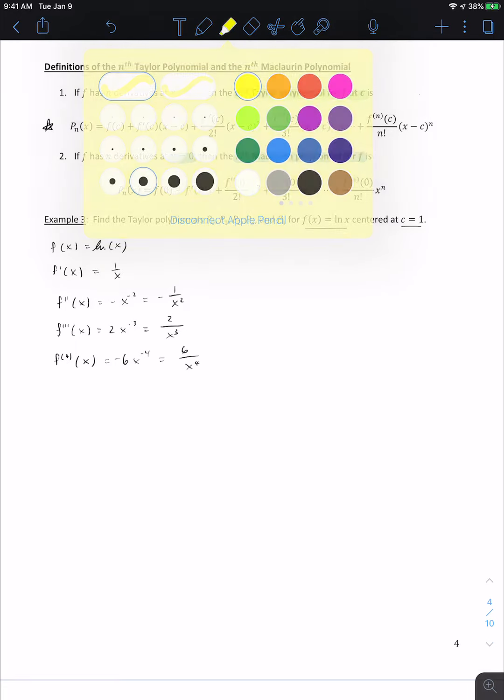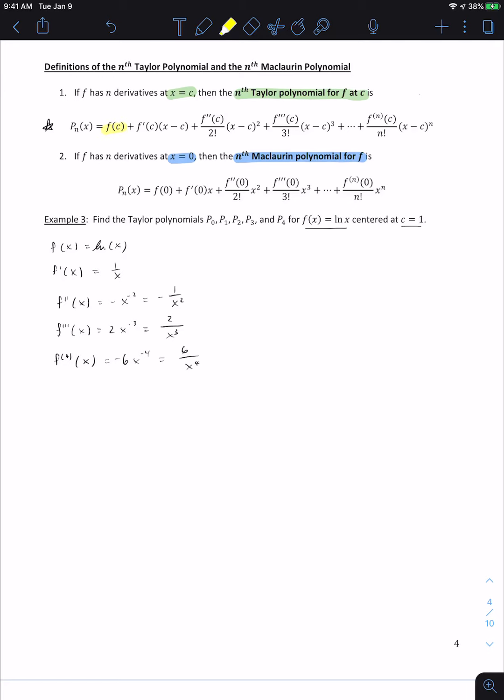But again, what do I need for my formula? I need f of c, f prime of c. Remember, c is 1, so I need f of 1, f prime of 1, f double prime of 1, f triple prime of 1, and the fourth derivative of f at 1, right? So f of 1 is just plugging in 1 to my function, so ln of 1, which is 0.